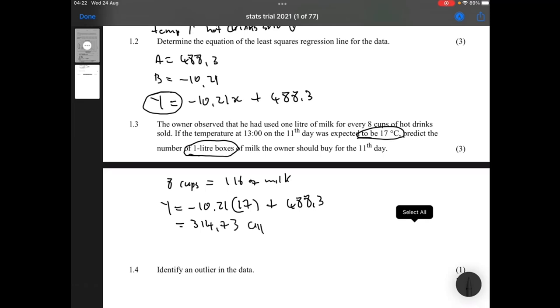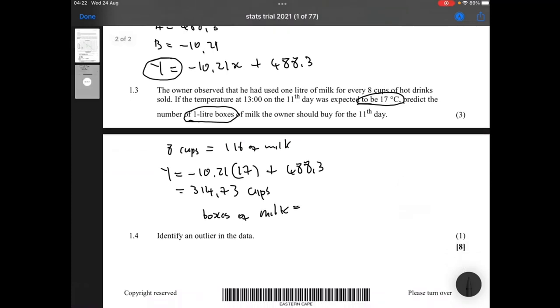And that is giving me 314.73 cups sold, right? So now I can convert these cups to liters, because we know that 8 cups is 1 liter. So we're going to say that the boxes of milk will be equal to the number of cups divided by 8.